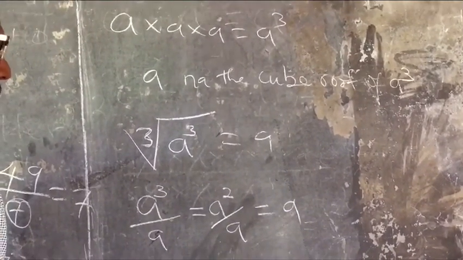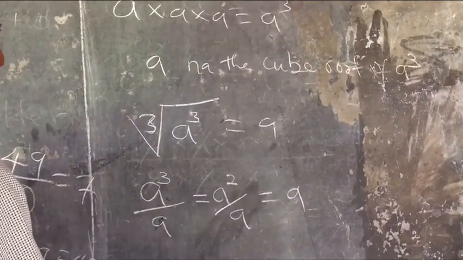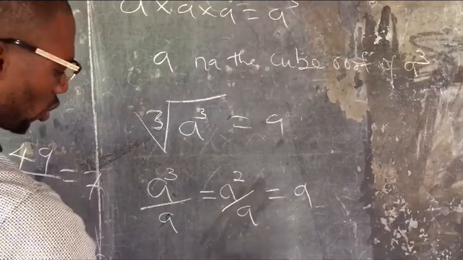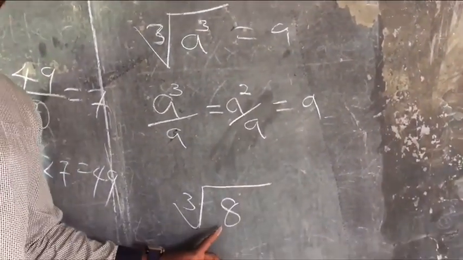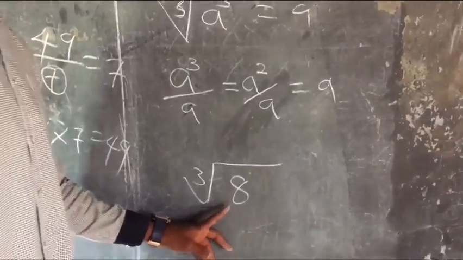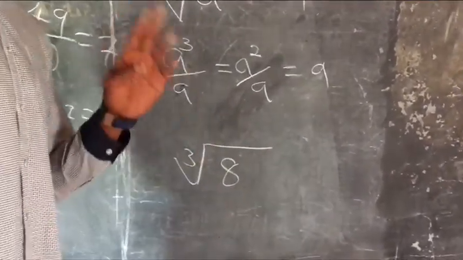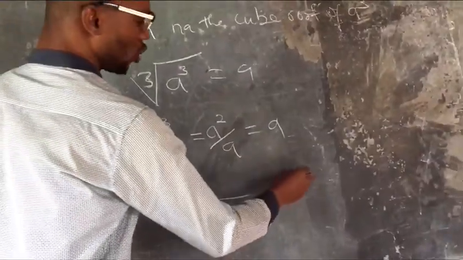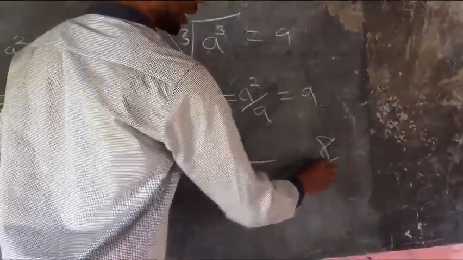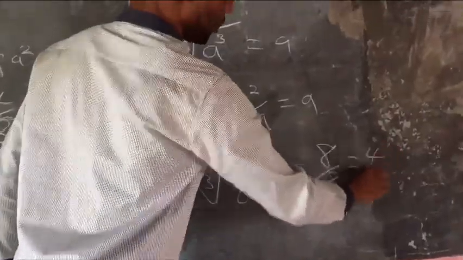It means there is a number. If I say find the cube root of 8, it means you get a number such that if I multiply that number by itself 3 times, I should get 8. Which number is that?